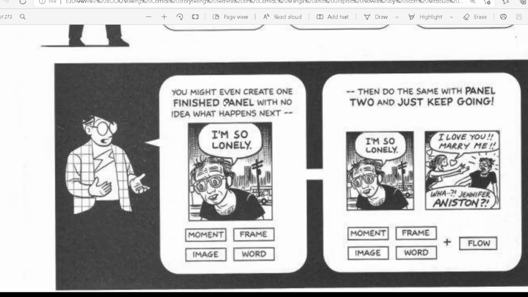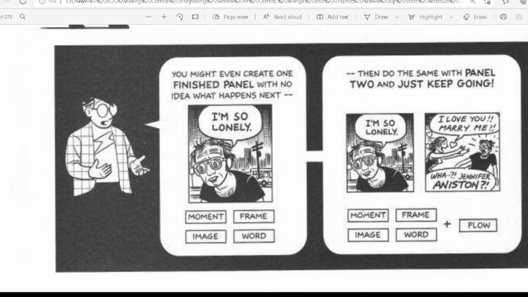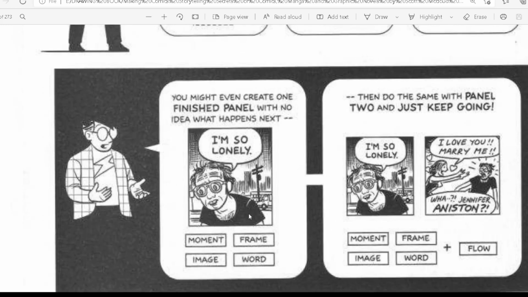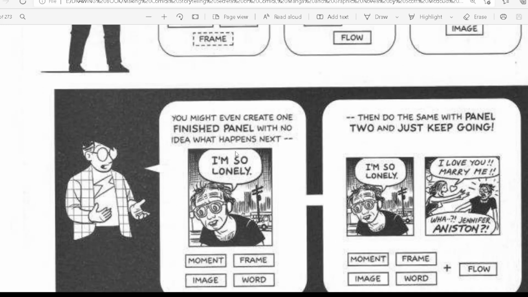Okay, let's see. You might even create one finished panel with no idea what happens next. Moment, frame, image, word. They do the same with the panel too, and just keep going. But I think if you don't have much idea about what you're going to do, and you have made one strip and you're going to make another strip, it's not the best idea.